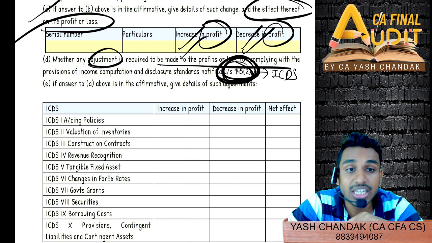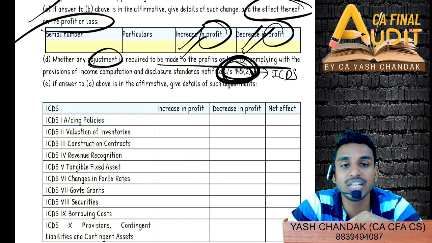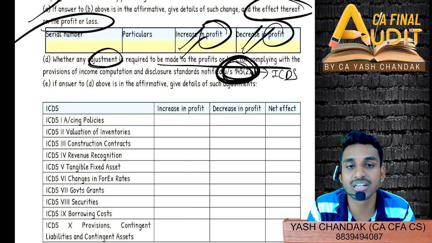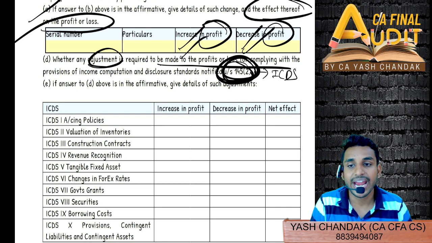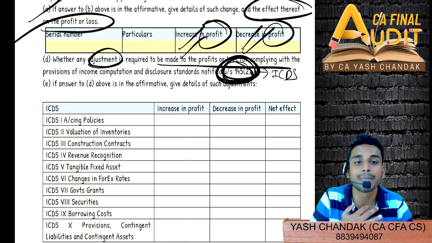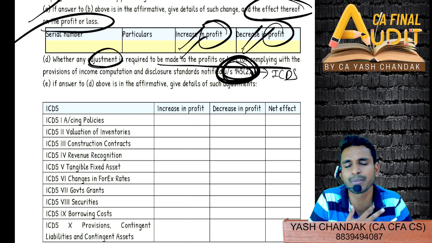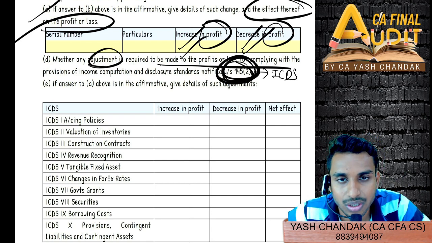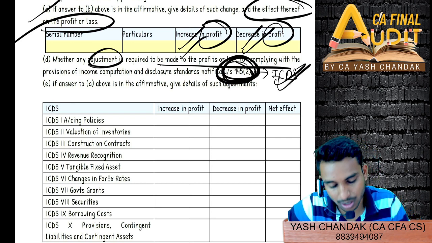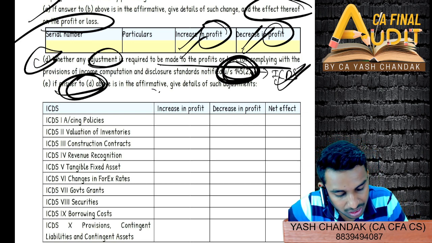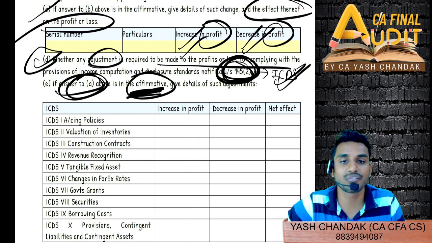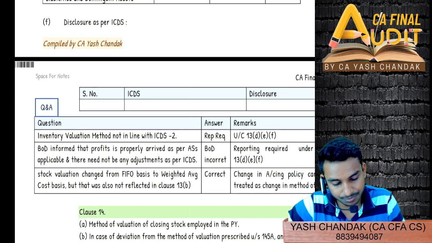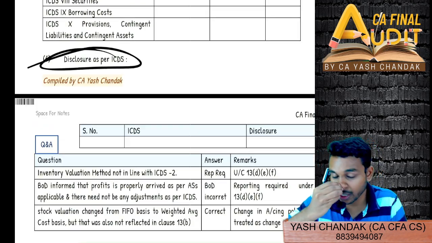It applies to all assessees except individuals and HUFs who are not getting their books of account audited under section 44AB in the previous year, and when we are following the mercantile method of accounting and declaring our income under the head PGBP or other sources. So whether this is applicable, clause D, if the answer to D is affirmative, then you have to specify the adjustments. And lastly, disclosures, 13F.